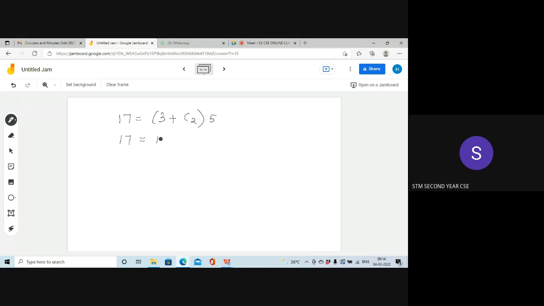What is the value of C2? Did you get the value of C2? 5 C2 is equal to 2, so C2 is equal to 2 by 5. Did you get this? Very good.